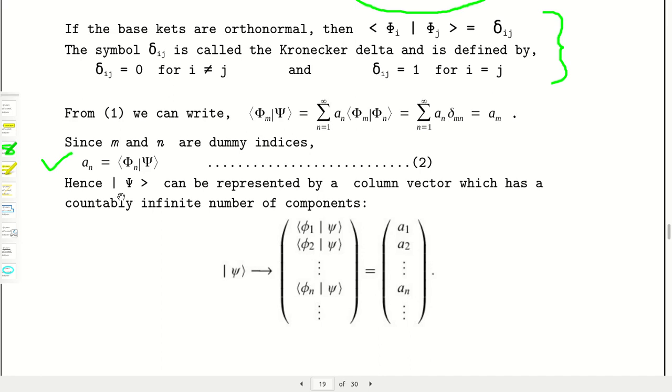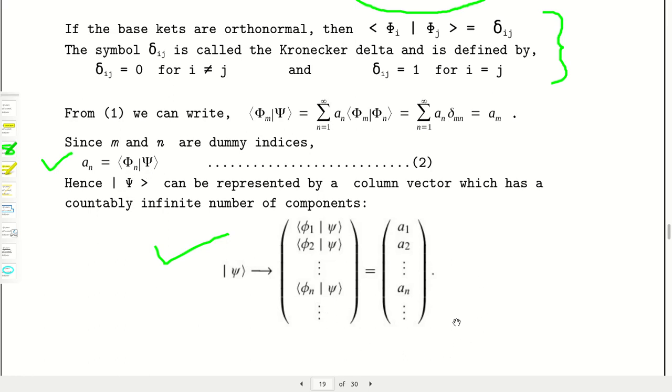The ket is represented by a column vector, and the elements of the column matrix are nothing but the expansion coefficients. Ket psi is equal to a1, a2, up to an tending to infinity, and in place of a1 one can write <phi 1|psi>. In place of a2 one can write <phi 2|psi>, and so on.